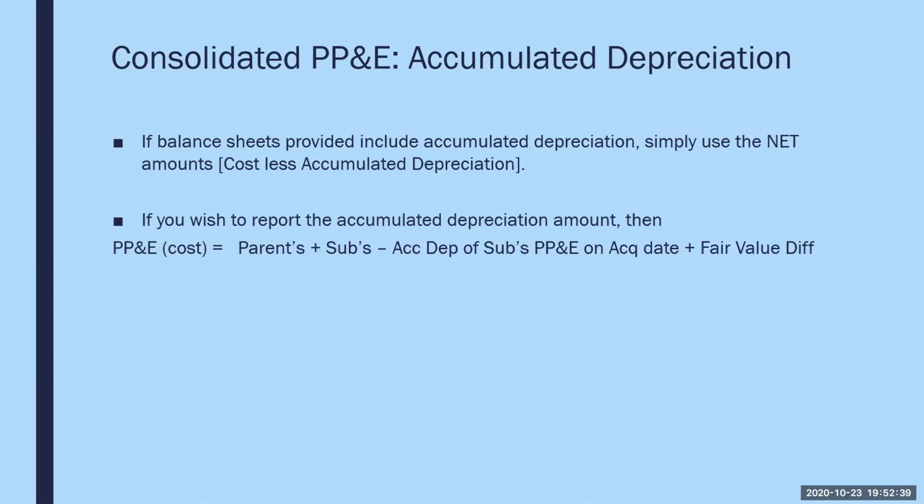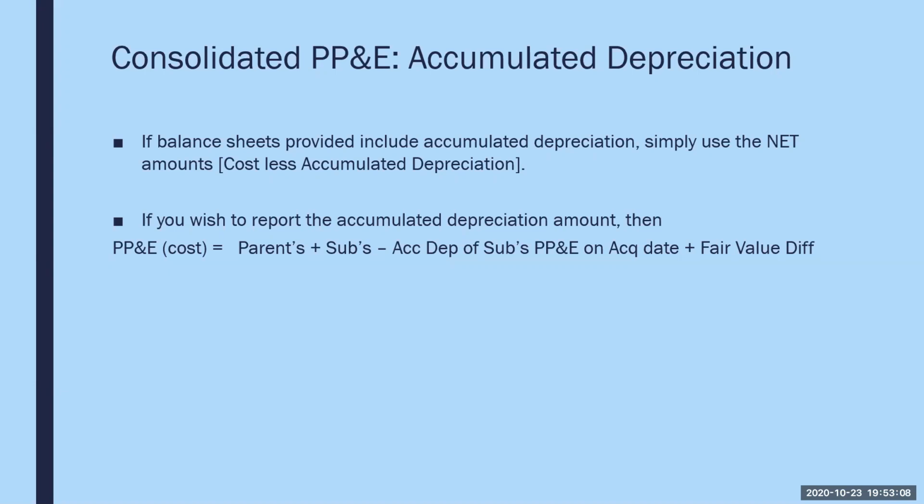The cost of the property, plant, and equipment in that case, for purposes of the consolidated balance sheet, will become the parent's cost plus the subsidiary's cost of that particular item. You want to subtract the accumulated depreciation that the subsidiary's balance sheet had for that PP&E item on the date of acquisition.